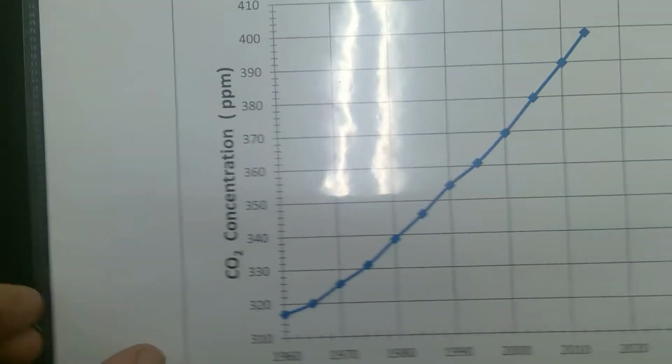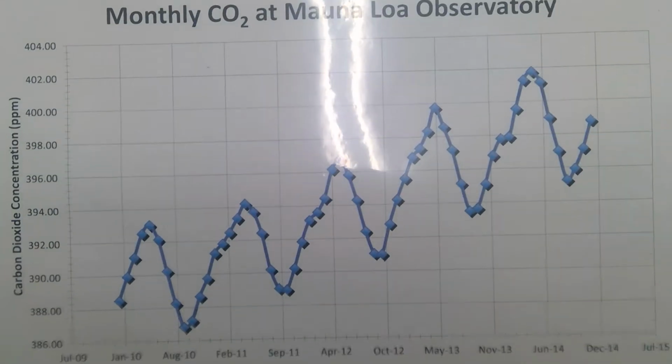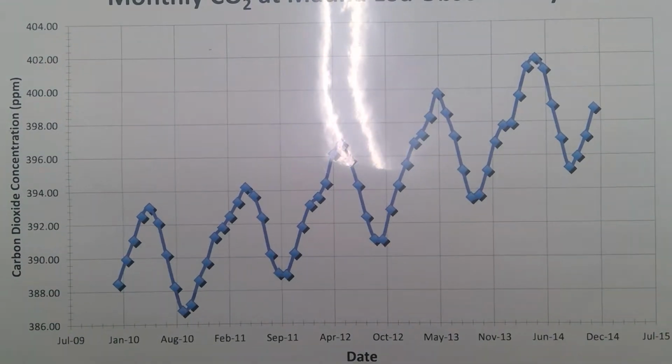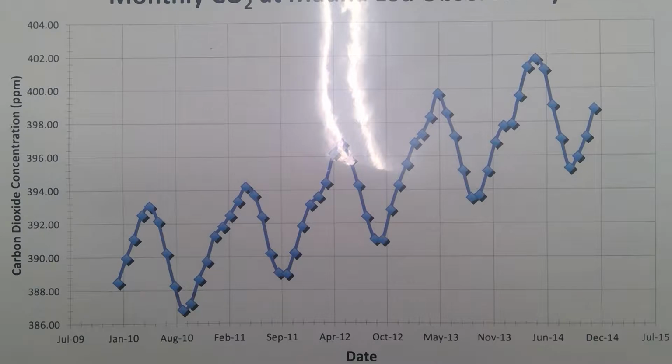Now, if I flip this over, the second set of data that you're plotting should look something like this. If you look at CO2 levels not on a yearly average, but on a monthly average, you get a cyclic variation.